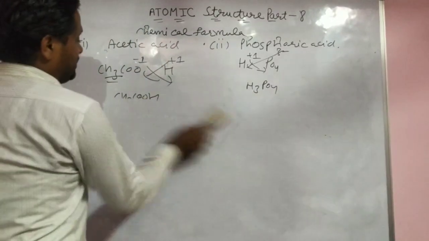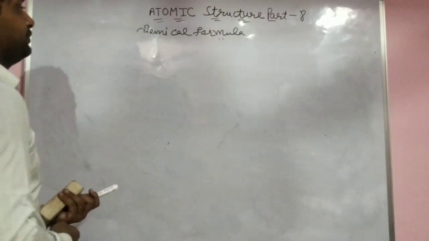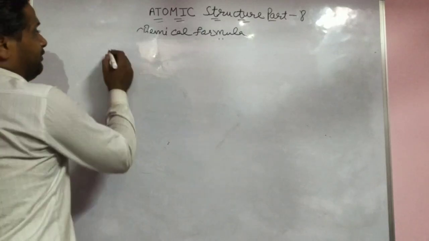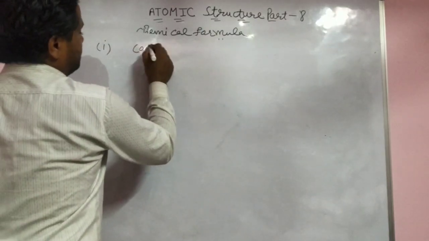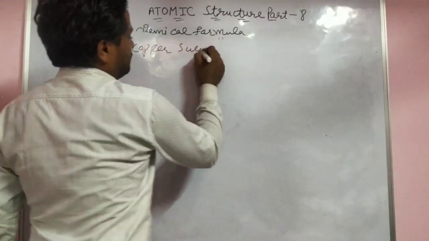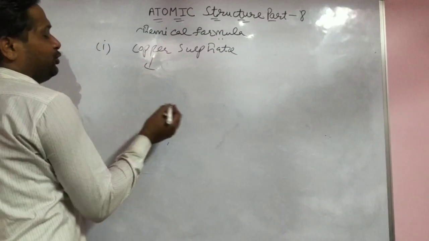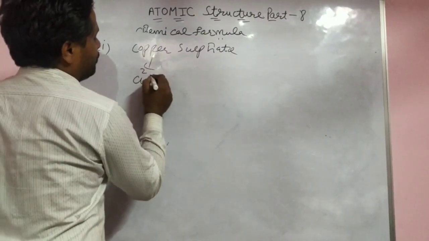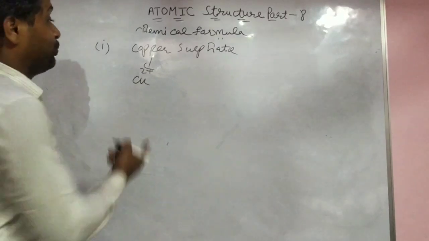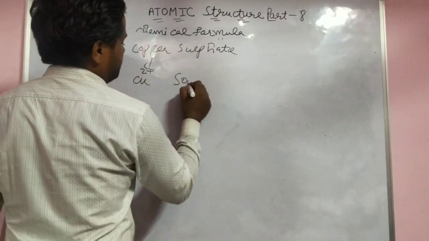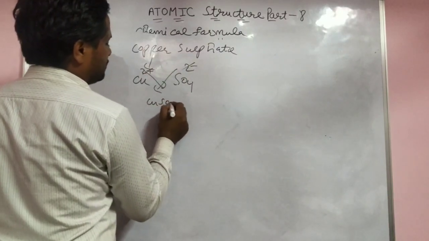Yes, crisscross method. Now we discuss the sulfates. One is copper sulfate. Here you use cupric, for the cupric only. CuSO4.